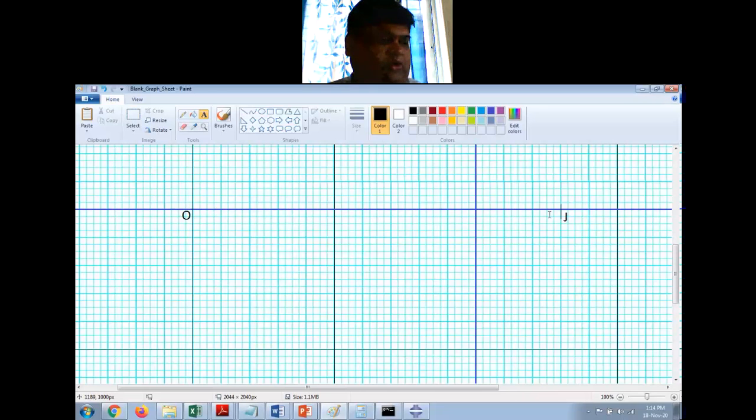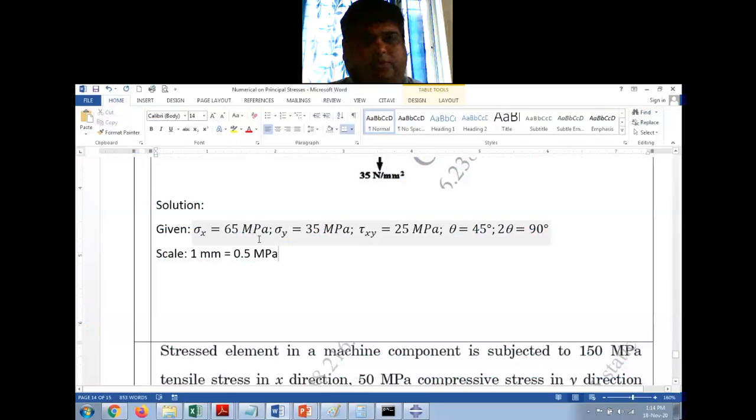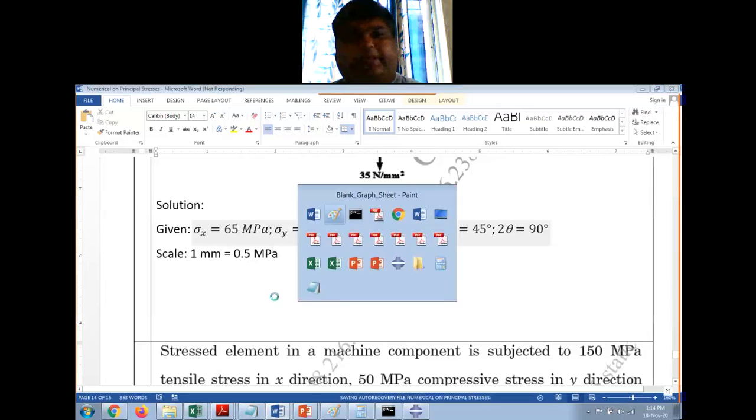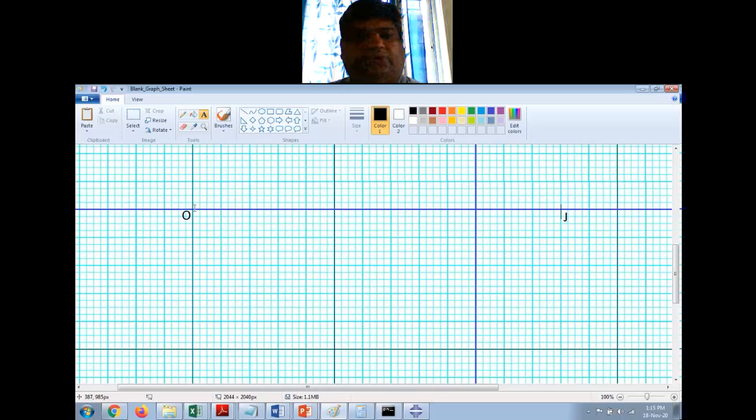Then you have to draw sigma y. Both are normal stress. Normal stress is on the x-axis, shear stress is on the y-axis. Now, what is the second one? Sigma y is 35 megapascal. So 35 divided by 0.5 will be 70 millimeters. So from here you measure 70 millimeters. This is 50, 60, 70, right?